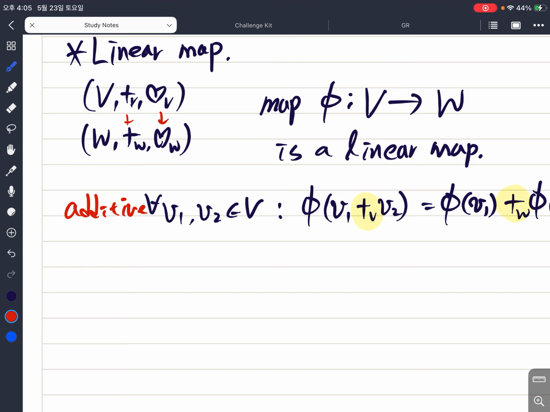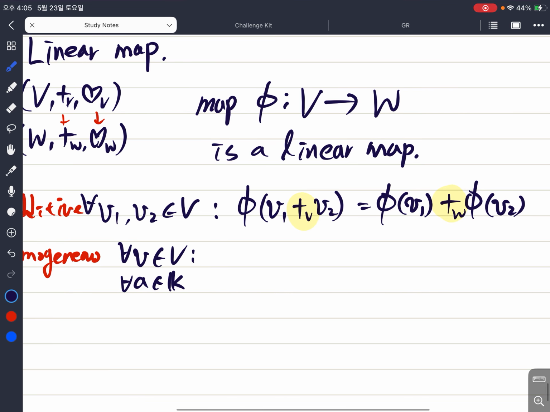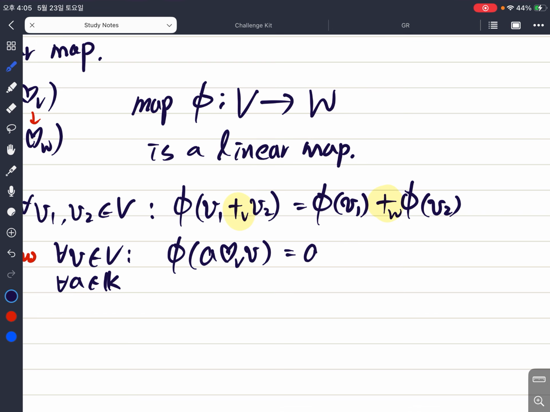The other property is called homogeneous, in mathematics, of course, not in physics. For all v in V, and for all a in K, so a number, phi of a times v is a times phi v.